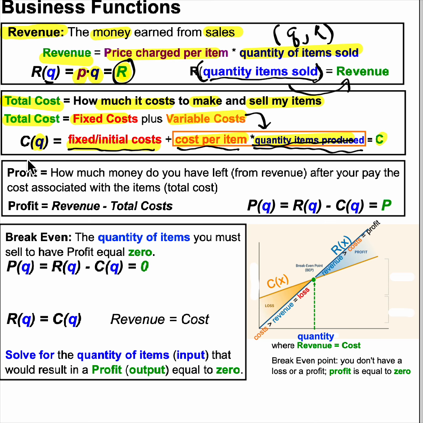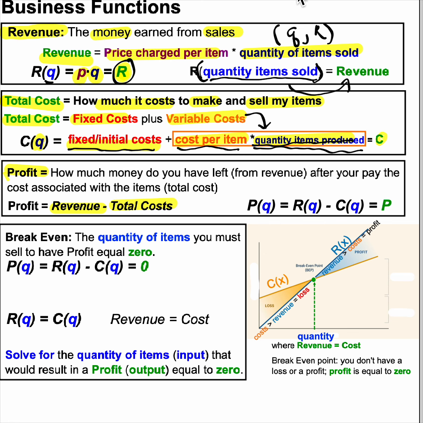Okay, the next business function is profit. I like to think of profit as how much money I have left to put in my bank account after I pay my costs. So the way that I calculate profit is I take how much I earned in revenue, how much I had at the end of the day in my cash register. But then I don't have that much money to put in the bank.